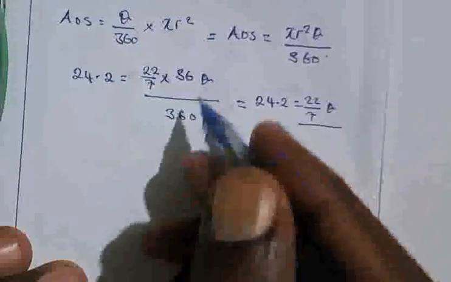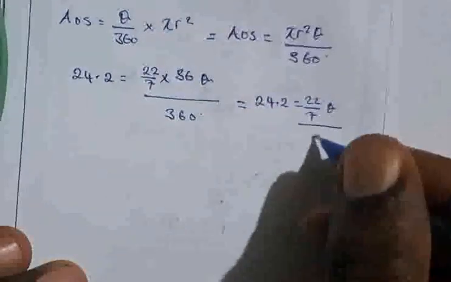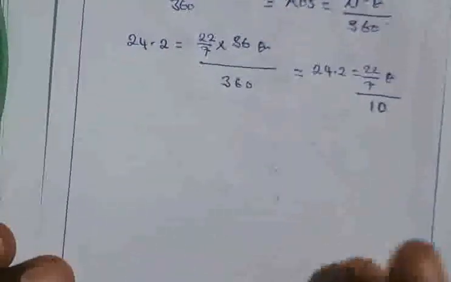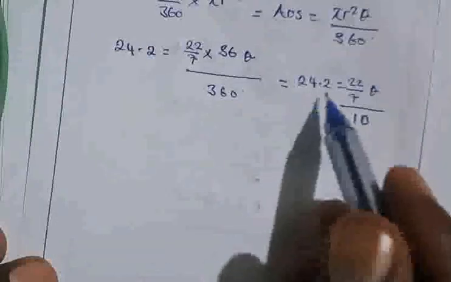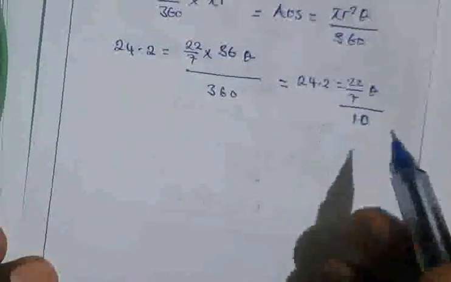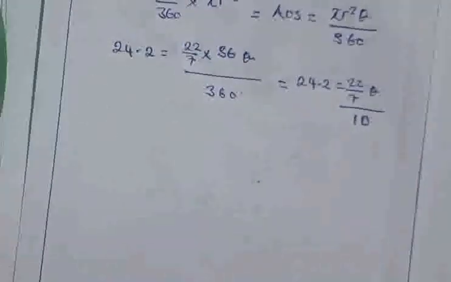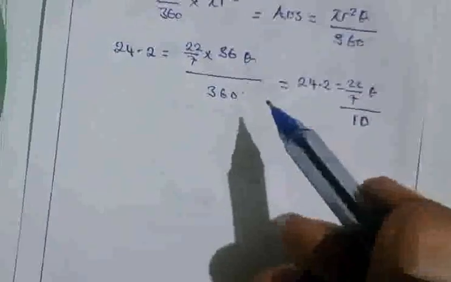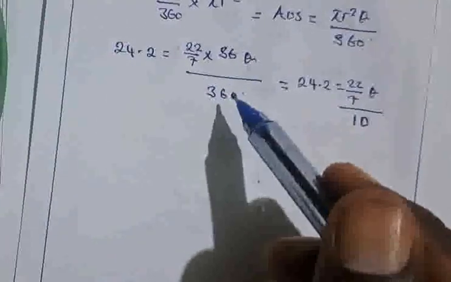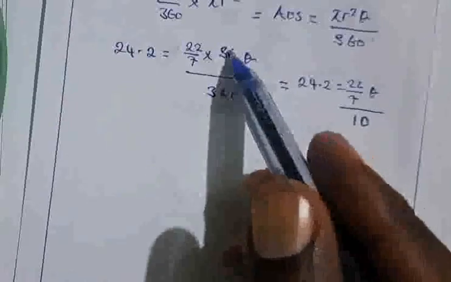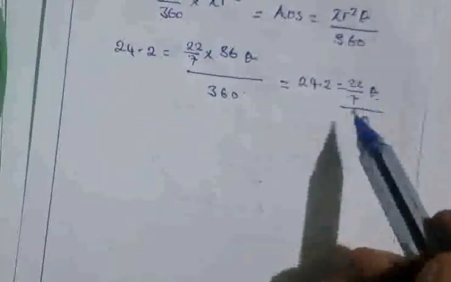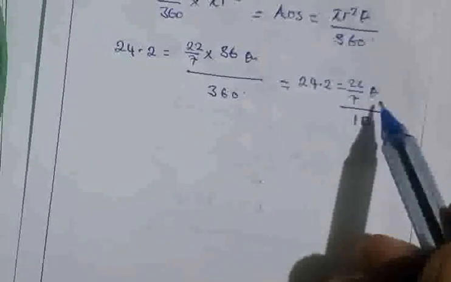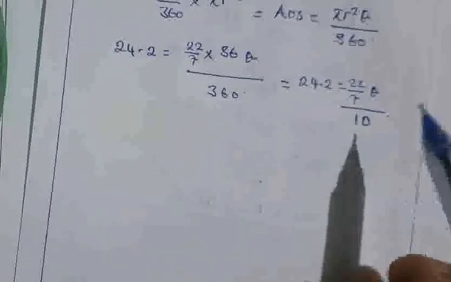Then over 36 into 360, it is 10. So, are you following on how we have reduced this one? Yeah, I'm sure you are, because we just said 36 and 360, they have something in common. There's a number that can go into them without leaving a remainder, and that is 36. So 36, that is 1 times theta, that is theta. So on top here we have 24.2 is equal to 22 over 7 theta over 10 there.